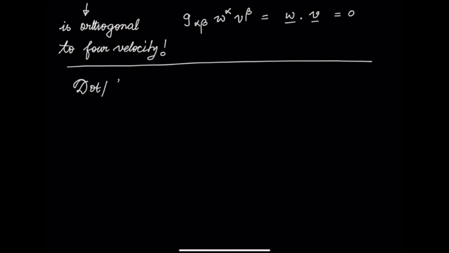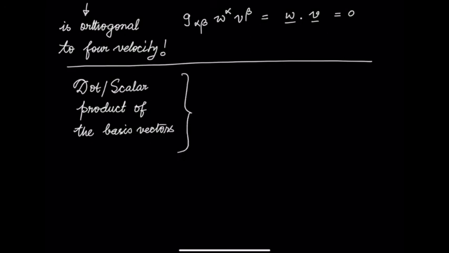The dot or scalar product of the eigenvectors, or of the basis vectors. What are these? Let's see.